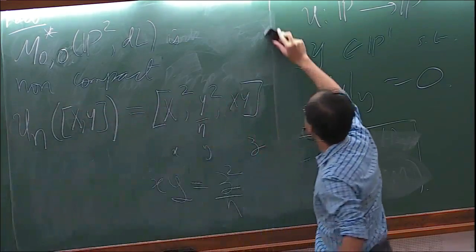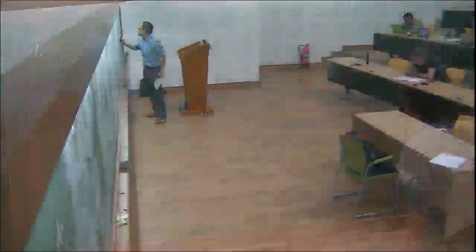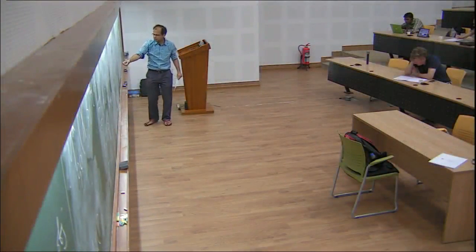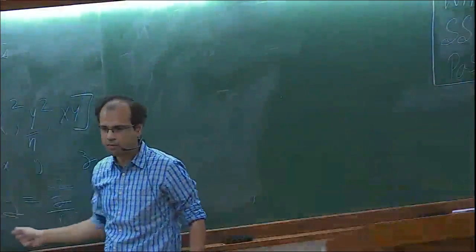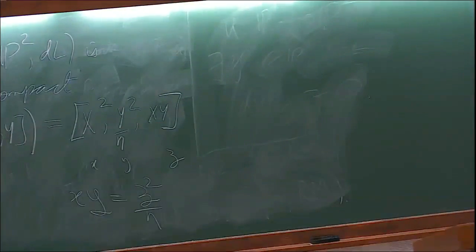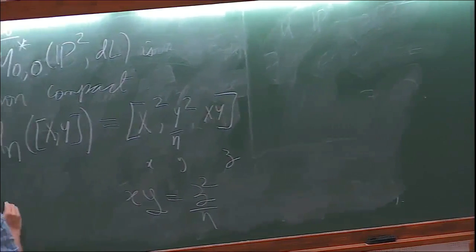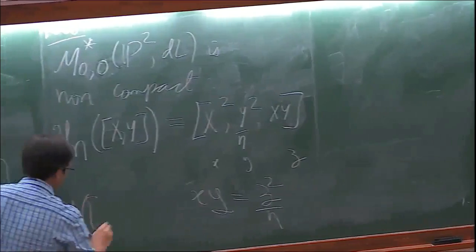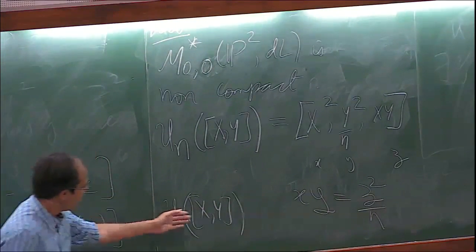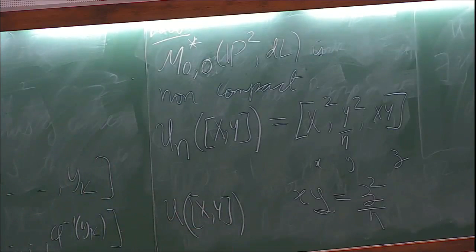Very naively speaking, you expect it will be basically a pair of two lines, x equal to 0 and y equal to 0, and that's basically good enough to say that, even after passing to a subsequence, its limit cannot be, even pointwise, the image of a map like this, a degree 2 map from a smooth domain.